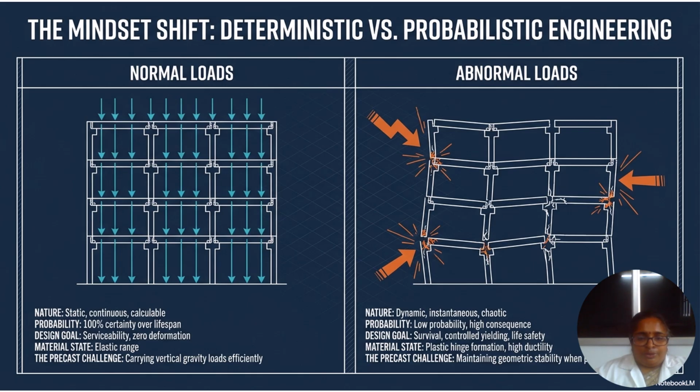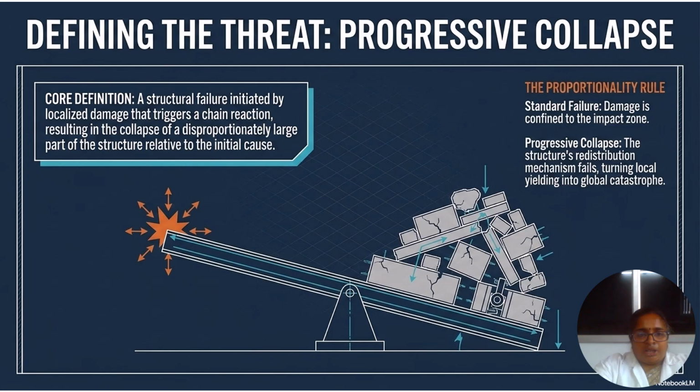The precast challenge is maintaining geometric stability when abnormal loads act on the structure, and defining the threat, that is progressive collapse. It is a structural failure initiated by localized damage that triggers a chain reaction, resulting in the collapse of a disproportionately large part of the structure relative to the initial cause.